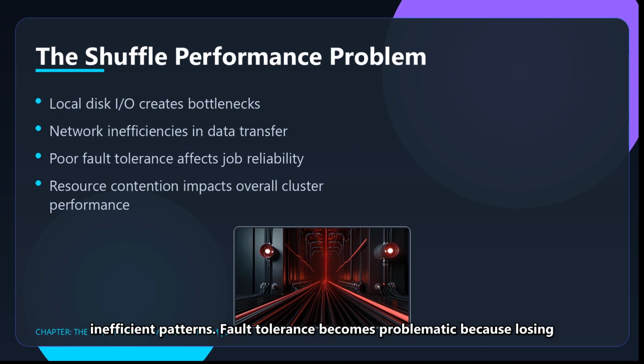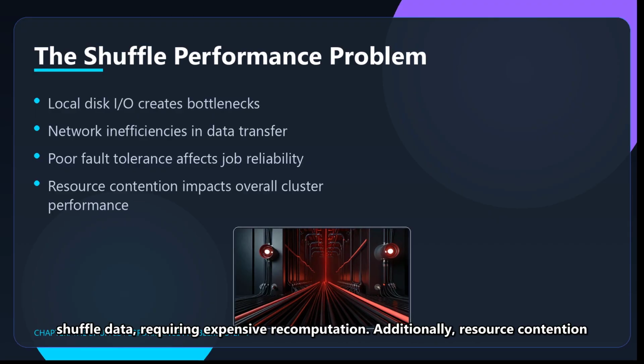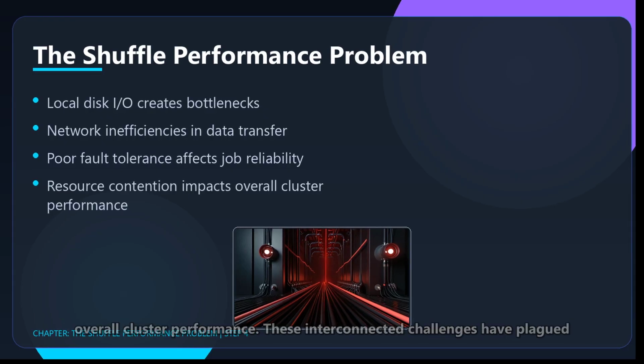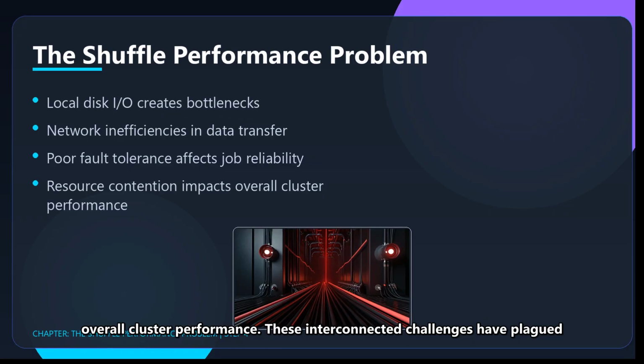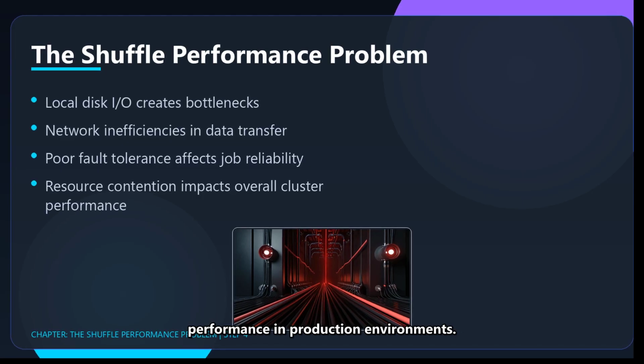Fault tolerance becomes problematic because losing a node means losing all its locally stored shuffle data, requiring expensive recomputation. Additionally, resource contention between compute tasks and shuffle I/O operations degrades overall cluster performance. These interconnected challenges have plagued big data workloads for years, limiting scalability and performance in production environments.